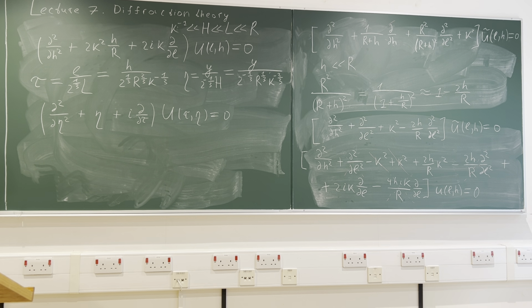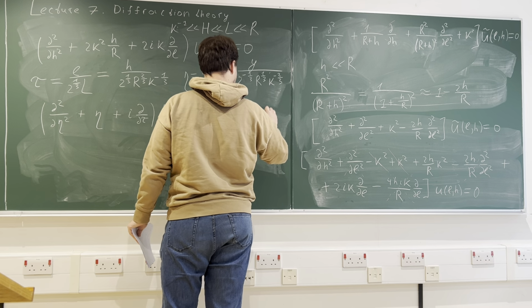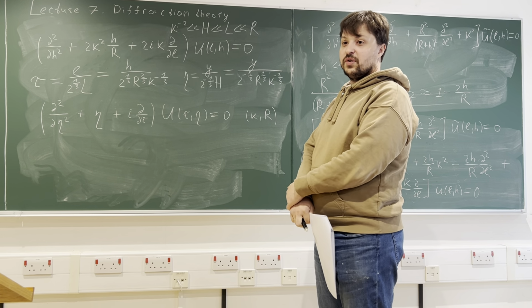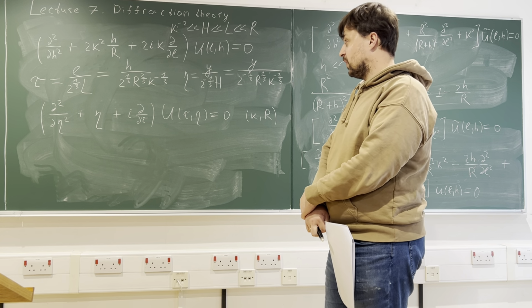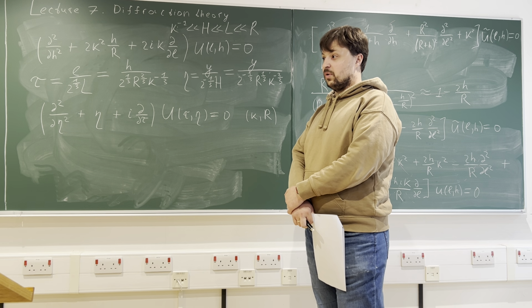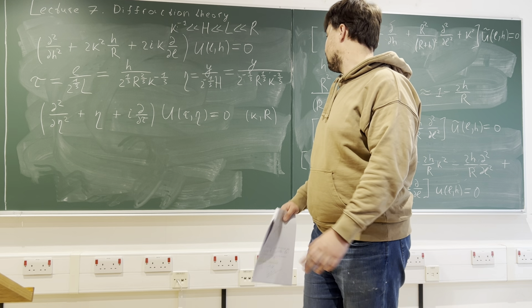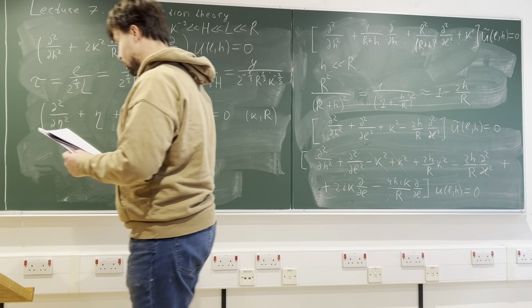So, what conclusion can we make from this one? One important thing is that once we solve this equation for one pair of K and R, then we know the solution for all pairs of K and R. So we solve it once, and then we know the solution for all cylinders, for all wavelengths, however you want to call it, for all KRs.